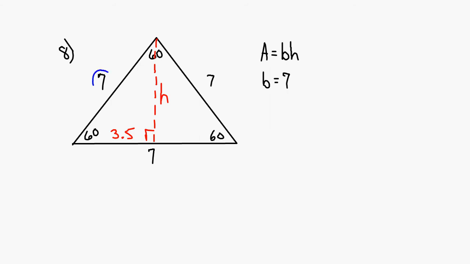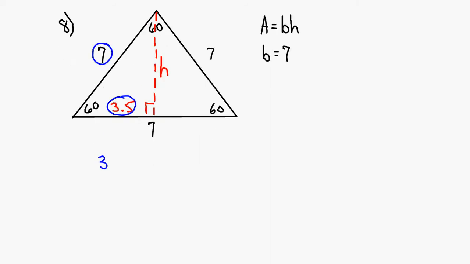So now you're given the hypotenuse and a leg of a right triangle. So you can use the Pythagorean theorem again to find the height. So 3.5 squared plus h squared equals 7 squared. 12.25 plus h squared equals 49.